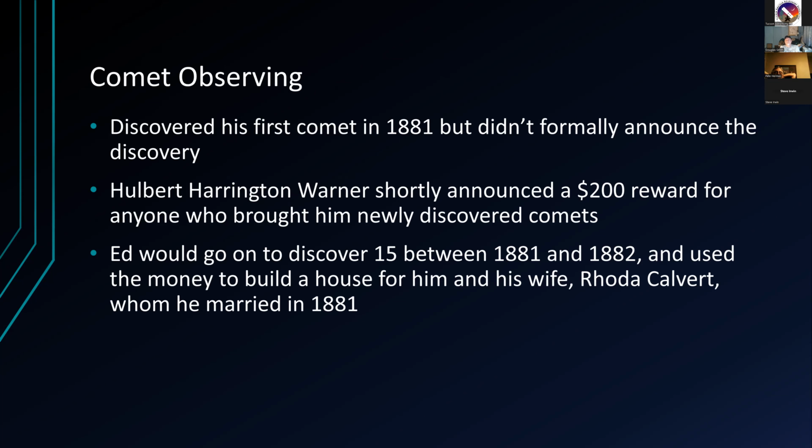Fortunately for him, during this time a wealthy New York businessman named Hubert Harrington Warner announced an ongoing prize of $200 for every discovery of a comet that was proven and validated by other astronomers, which in the 1880s is quite a lot of money.